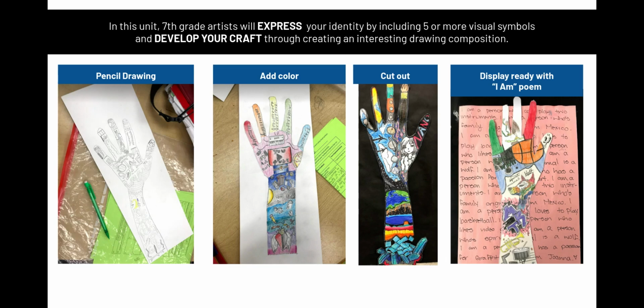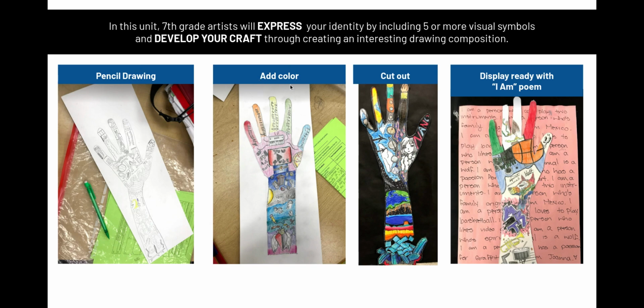So to give you an overview of this project, you're going to express your identity, and I'm going to require that you include 5 or more visual symbols. You'll develop your craft by creating an interesting drawing composition. You'll use those 5 tips, and I'll also be coming around to support you. For the next class or two, we should all be focused on pencil drawings.